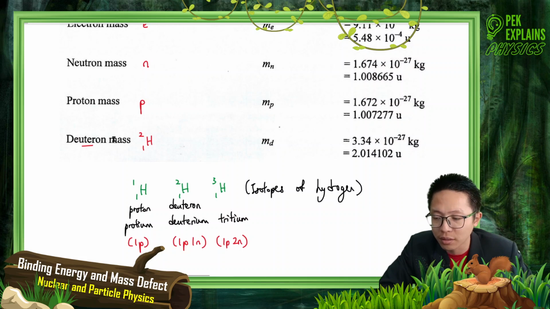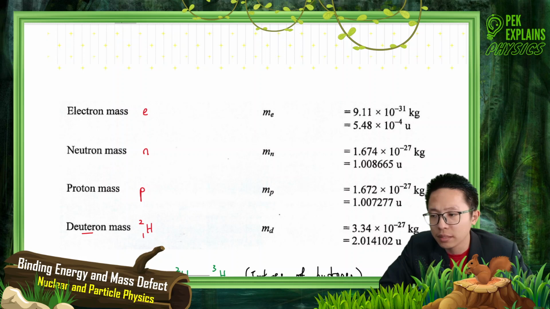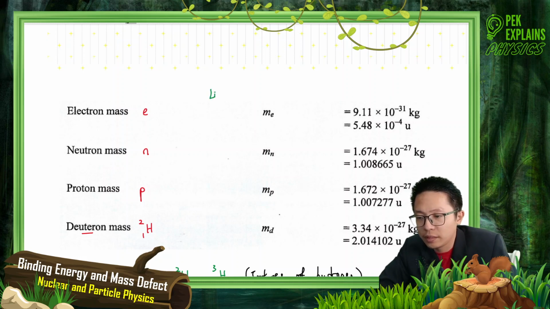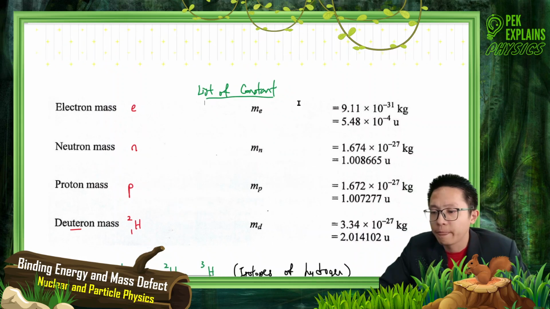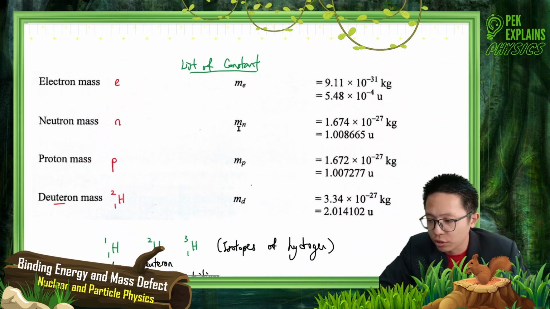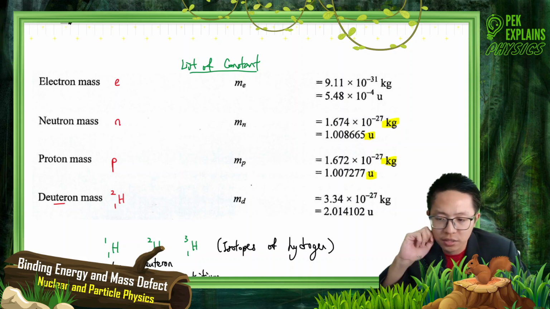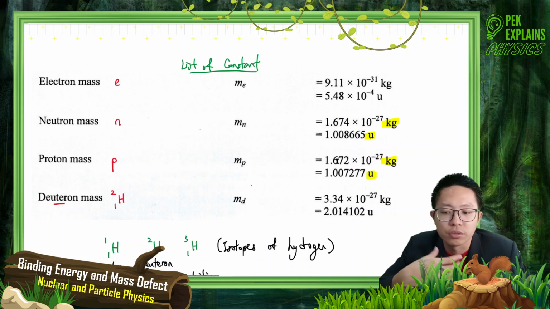So this deuteron also has its mass given in the list of constants. When the exam comes, this list of constants will be provided, so you don't have to remember all the values here. Remember to check the mass of neutron and mass of proton. Over here, we have either kilogram or atomic mass unit, so you don't need to convert because it's already provided.